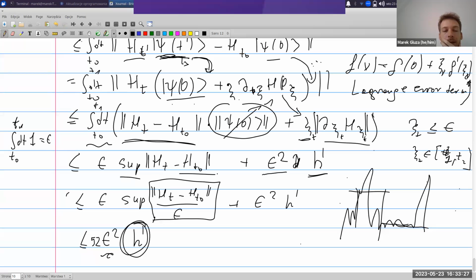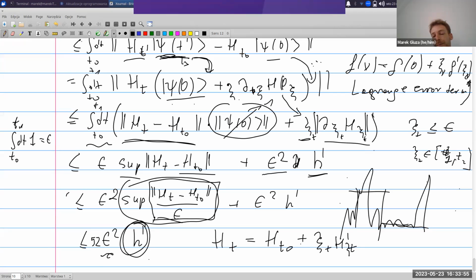And we have this finite quotient here because I can multiply in an epsilon, and I get here an approximation to the derivative. I could again use Taylor expansion, but now for h of t if the derivative exists. So t0 plus psi t h prime psi t.